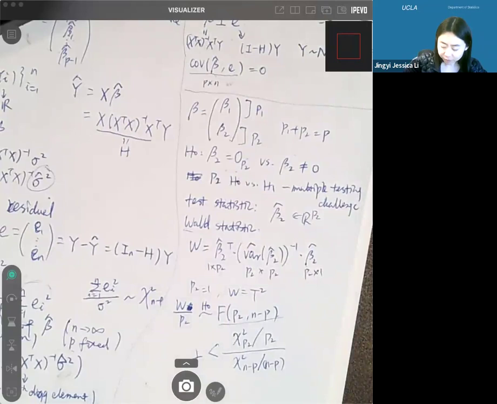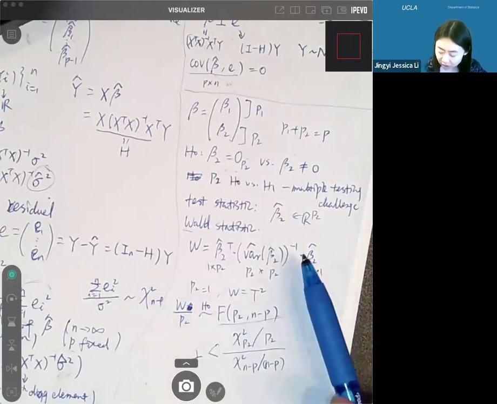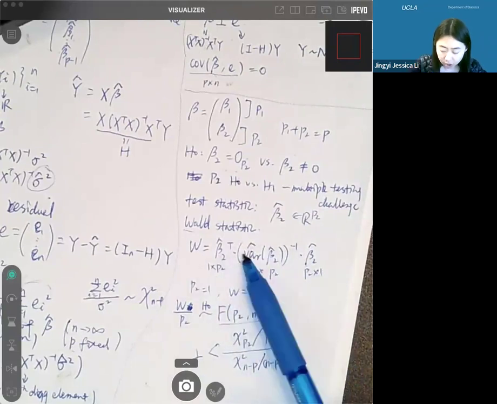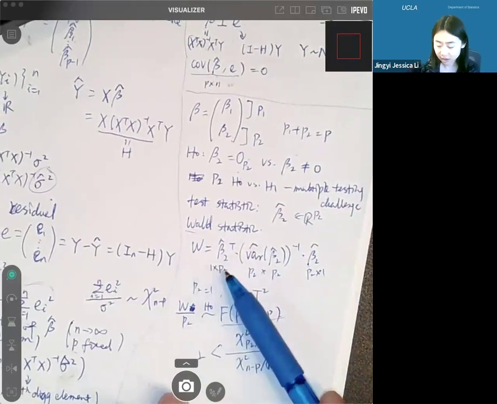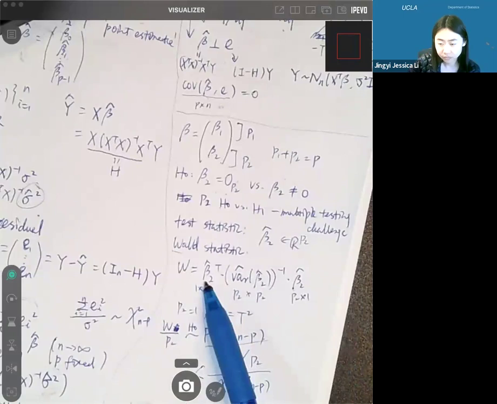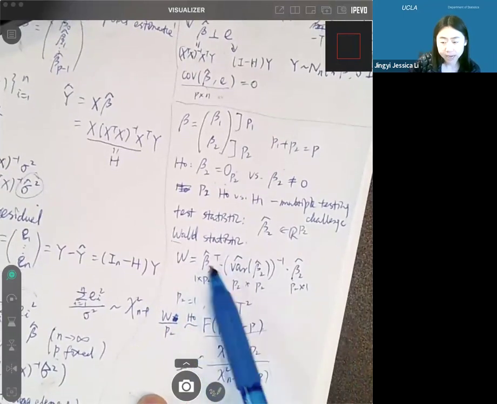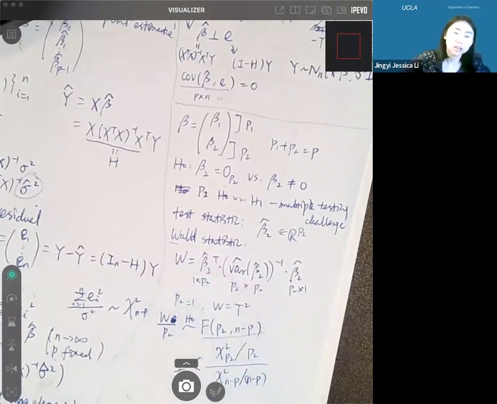Even though we won't do the derivation here, the intuition for why the Wald statistic follows this is that beta 2 hat is multivariate normal, by either the normality assumption of the epsilons or the central limit theorem when n is large.